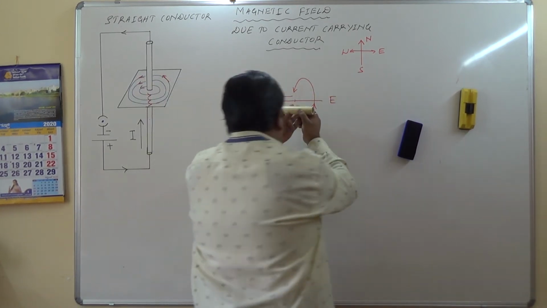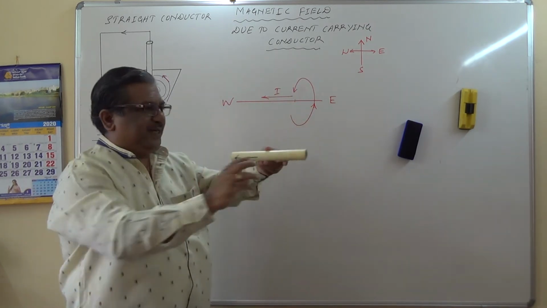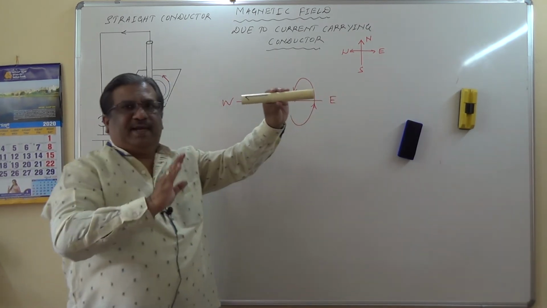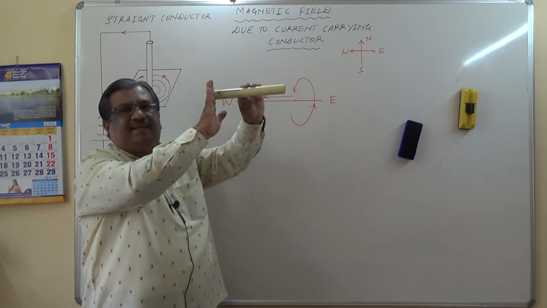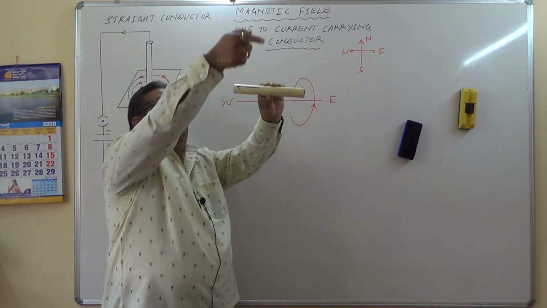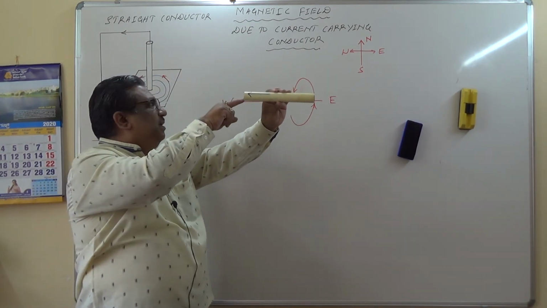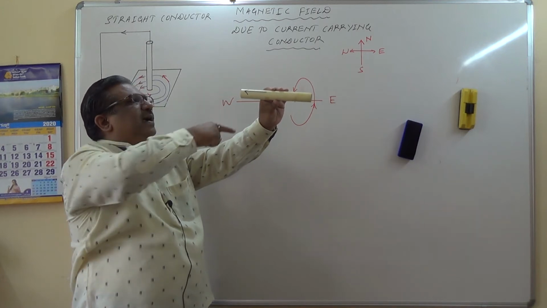Just a moment, I am entangled by the wire here. Okay, that's okay, no problem. Now, I am viewing it from the west end, this side. How is the magnetic field line? Like this. It is going and coming like this. So, from the west end, it is anti-clockwise.